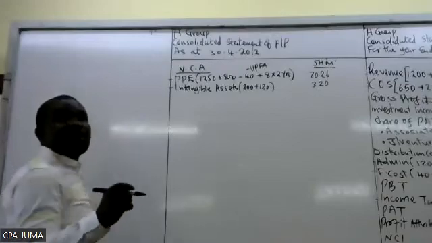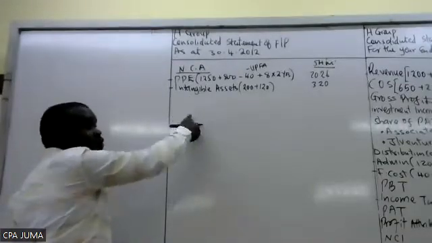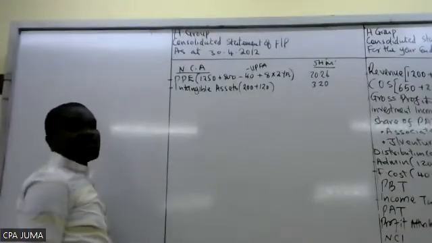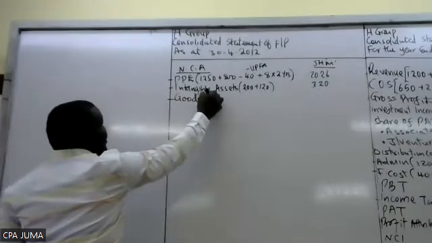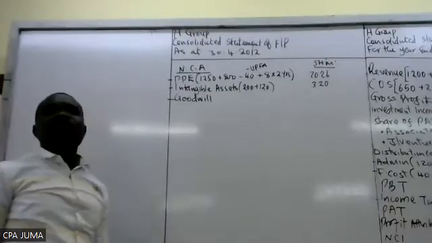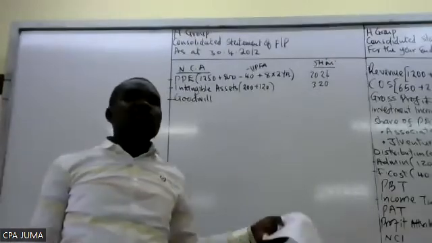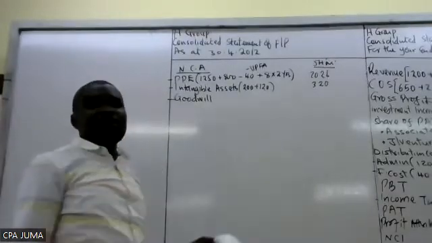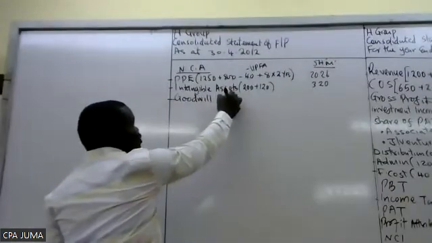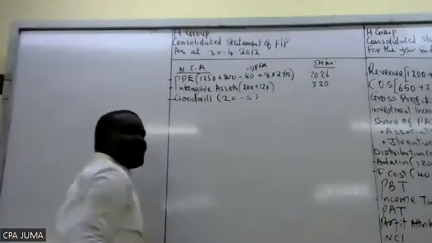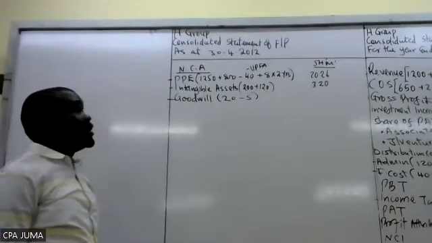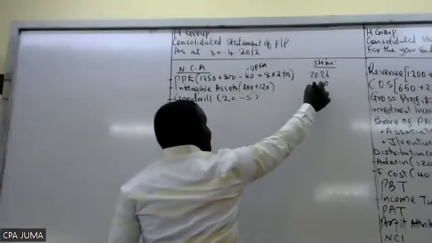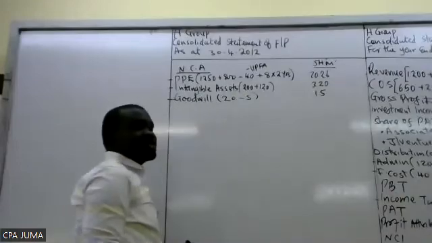Investment in subsidiary, you don't bring it in consolidation. So you replace it with goodwill. Goodwill in S was 20, but there was an impairment of how much? 5. Yes, there was impairment of 5. So the goodwill of S is 15.